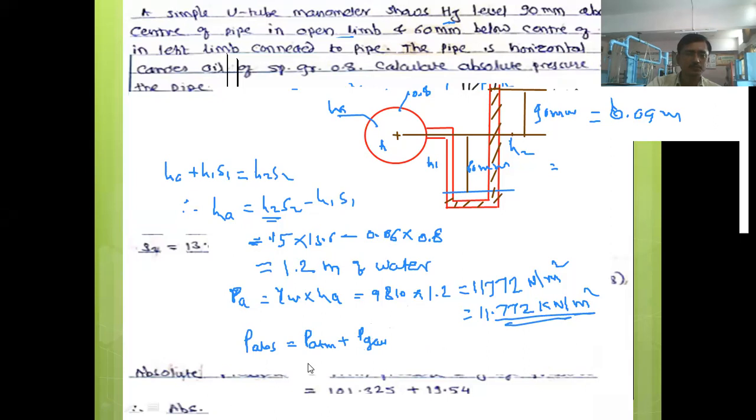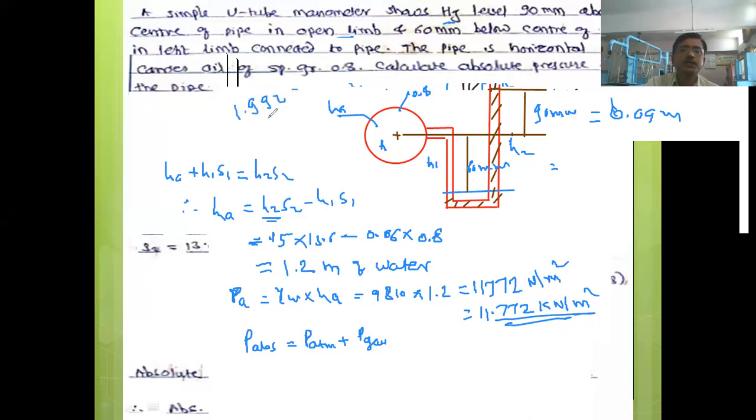The value of HA comes to 1.992, yes, 1.992 is there, but I have taken a rounded value here, 1.2.